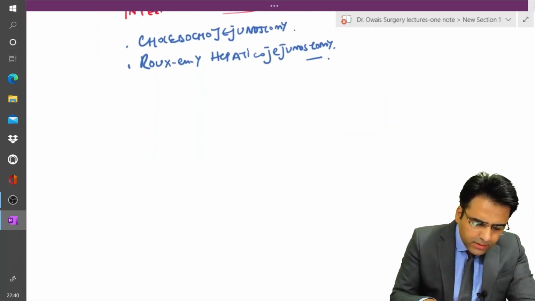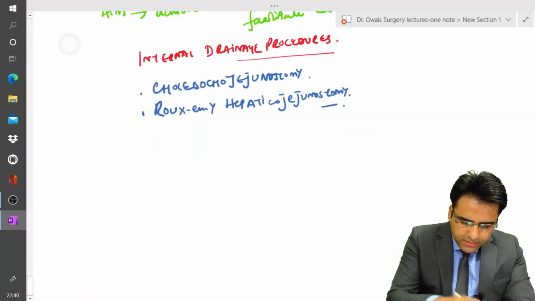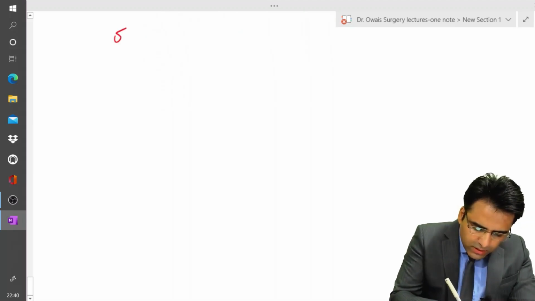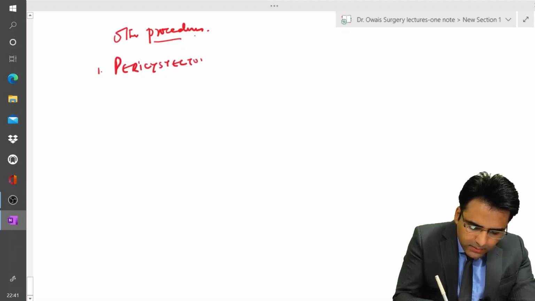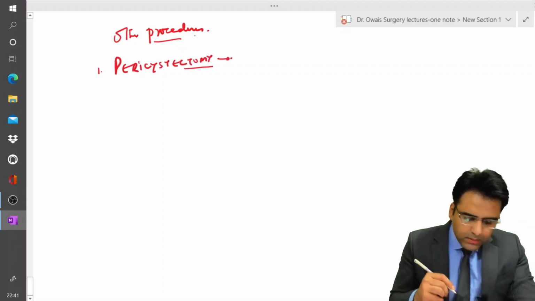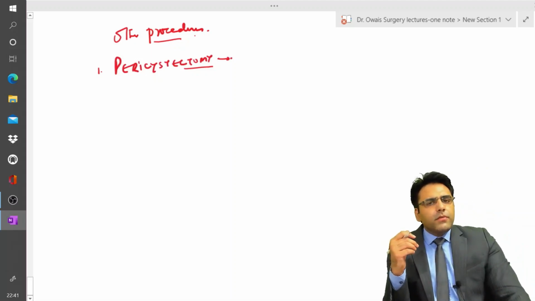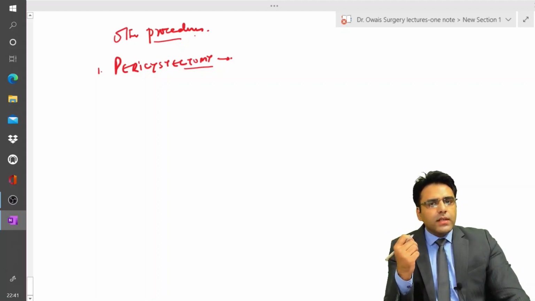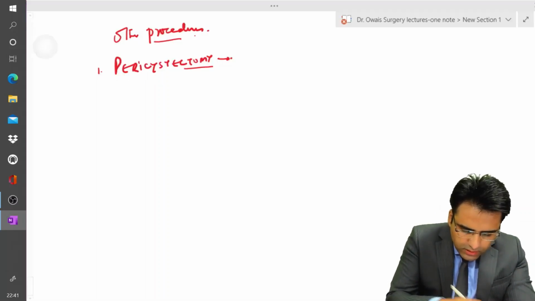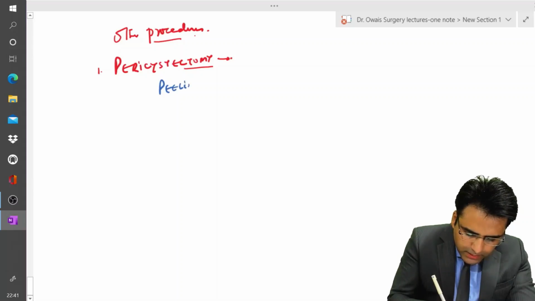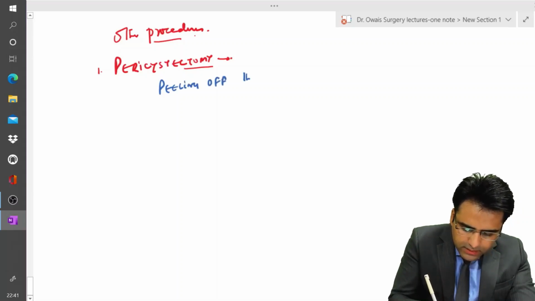Now, what are the other procedures which can be used in the treatment of hydatid cyst? We have pericystectomy. In pericystectomy, the peeling of the layer of the cyst wall is done.